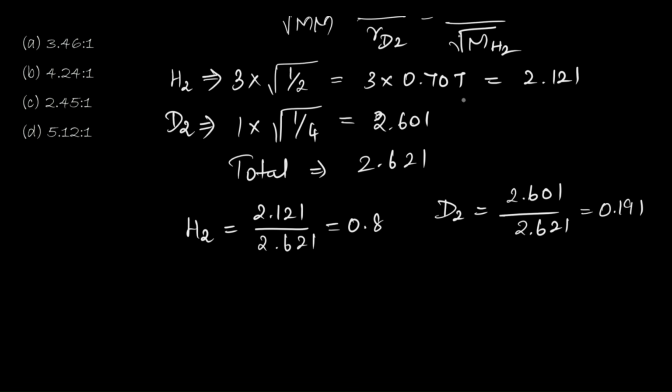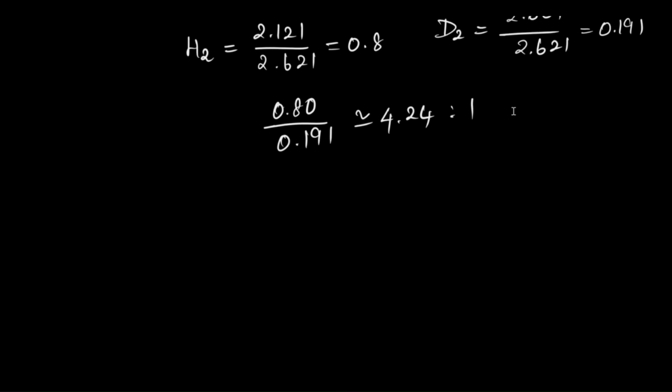So what is the ratio for this? It is 0.80 divided by 0.191, which is approximately 4.24 is to 1. Okay, the answer to this question is option B.